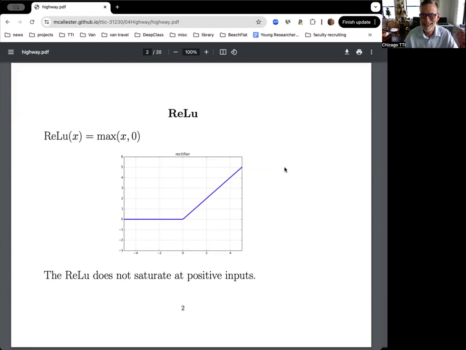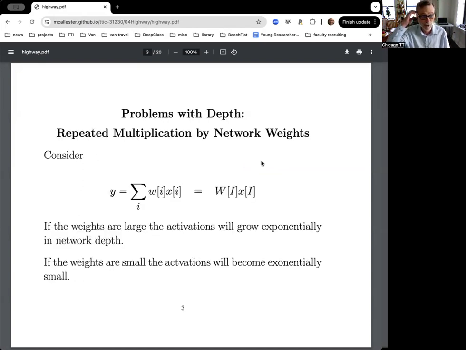And if the gradient is 0, the weights don't get any update. So the replacement of a step function or a sigmoid function with this rectified linear unit greatly improves the effectiveness of gradient descent, of SGD. So this was 2012.